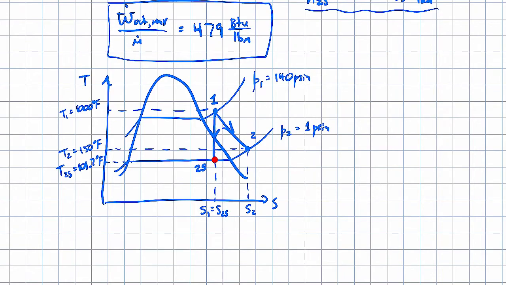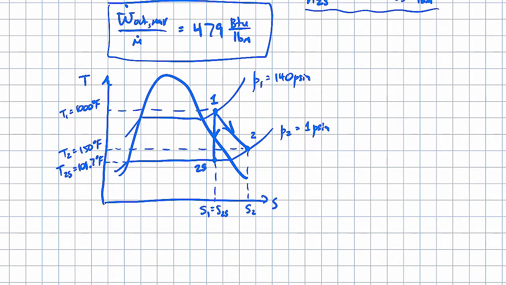Whereas for state 2s, it's a much more efficient process because it's reversible, and so more of that flow energy goes into actually producing power. That's why the power is higher. And because more energy is going into the power, less energy is going into increasing the flow's temperature, so you have a lower temperature there.